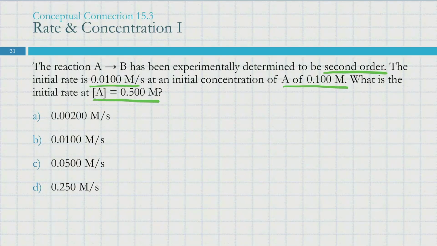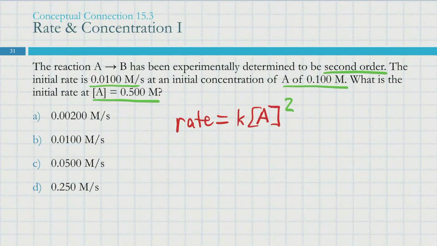One of the ways, the way that I am thinking of to solve this problem, is we know that rate equals rate constant times the concentration, in this case of A, raised to the n power, right? That's our normal rate law. And this n we've determined is 2, so raised to the second power.